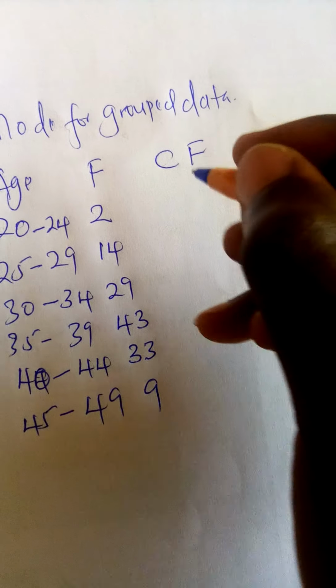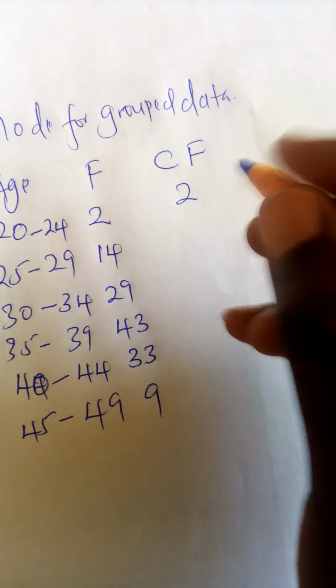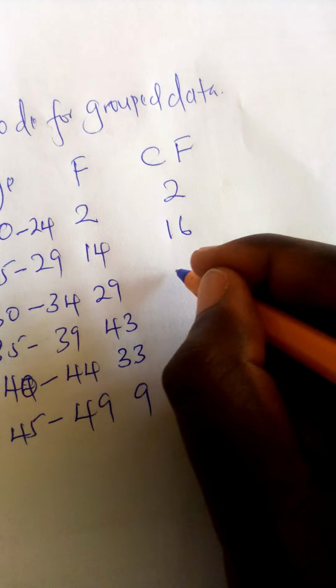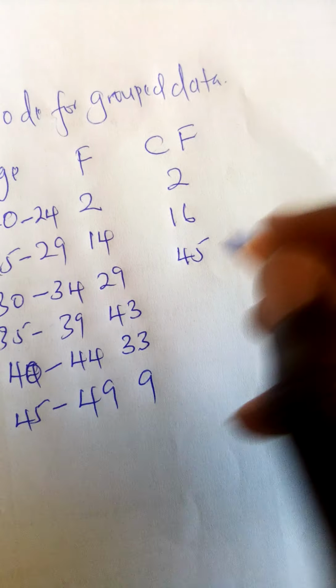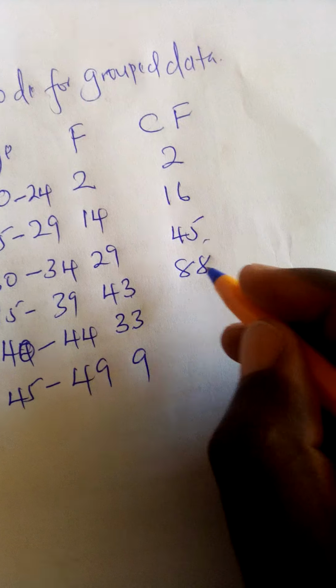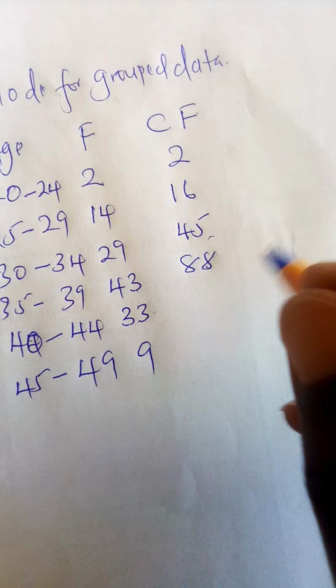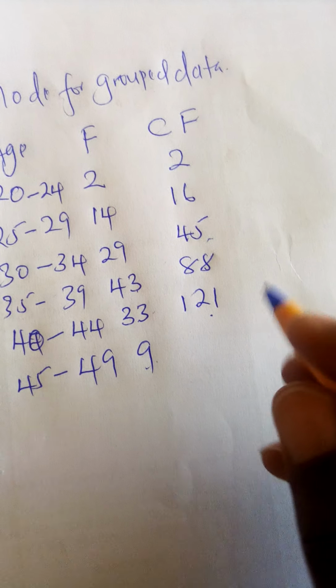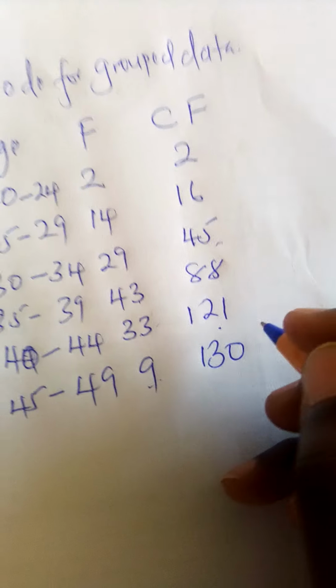So for this case, it will be 2, you add 14, you get 16. Then 16 you add 29, you get 45. 45 you add 43, you get 88. 88 you add 33, you get 121. And then 121 you add 9, you get 130.